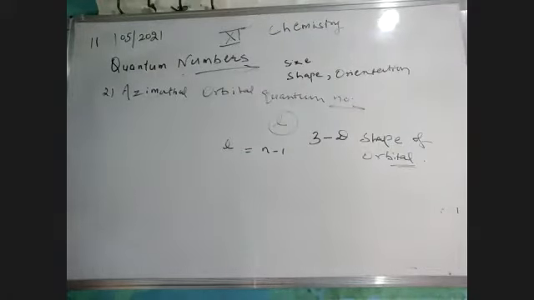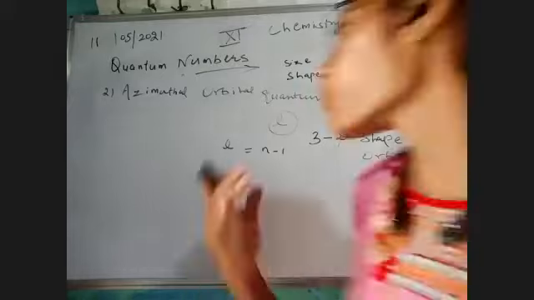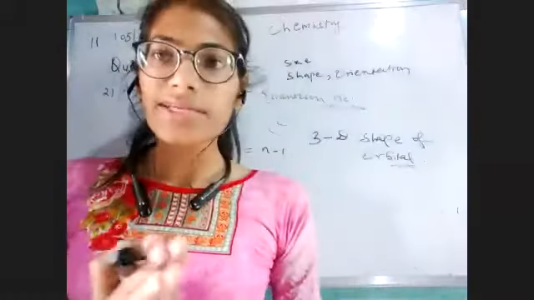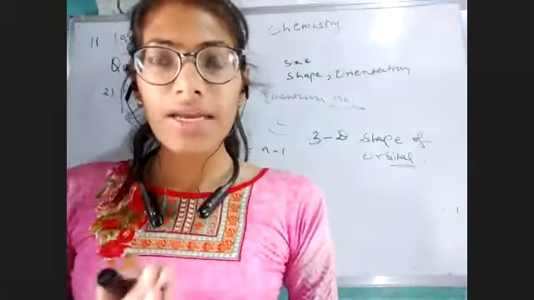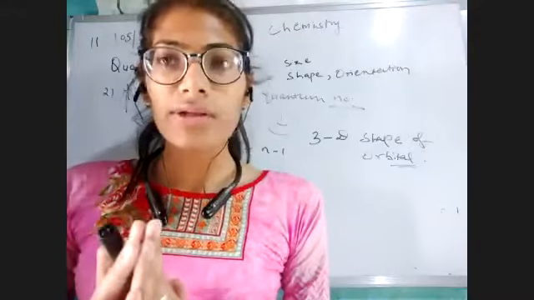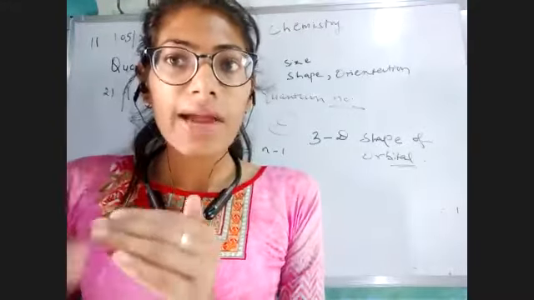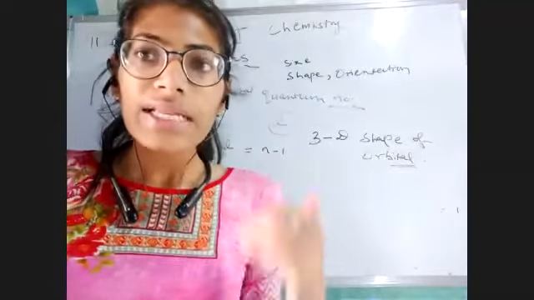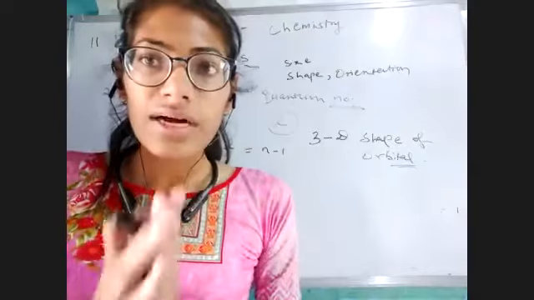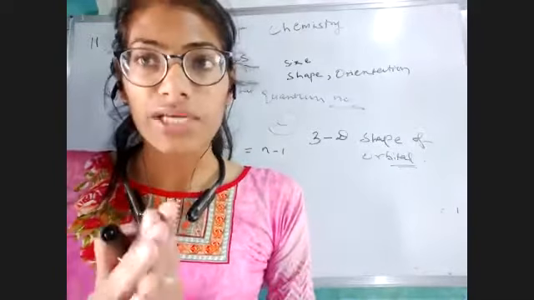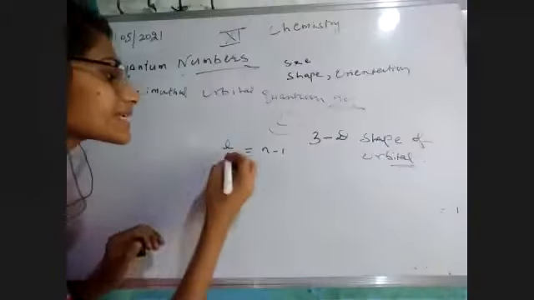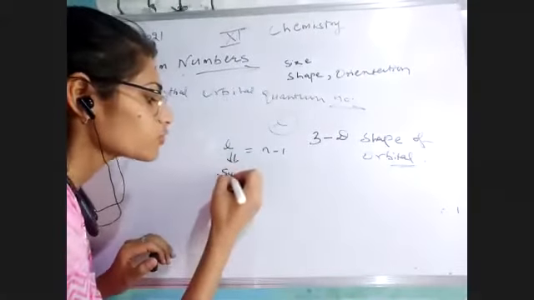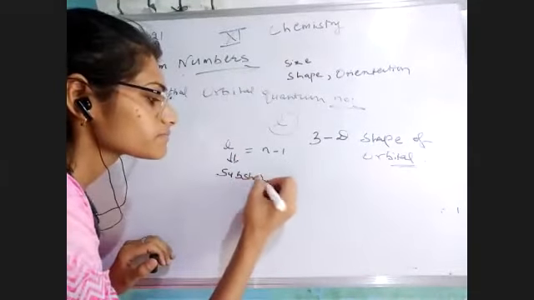Now, why do we need this l? I have already told you that the principal quantum number n describes the shells. But l is basically giving us the idea of the subshell. So l gives us the value of subshells.